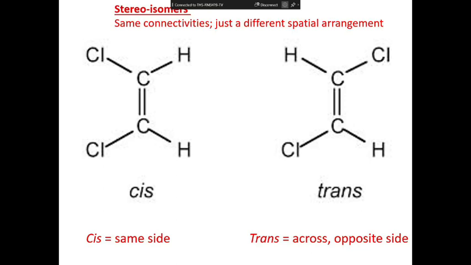Drawing this one on a flat piece of paper, again, I can make it look like a cis and a trans isomer, but I know that doesn't happen with single bonds. So if I say these two molecules, are they isomers?